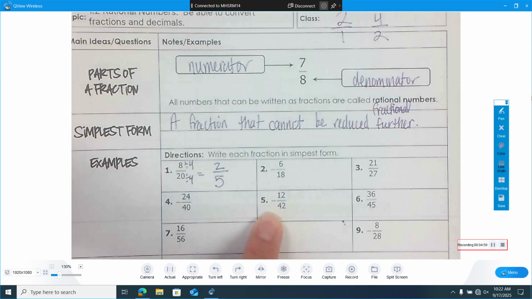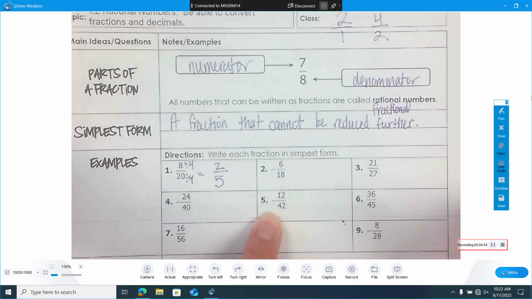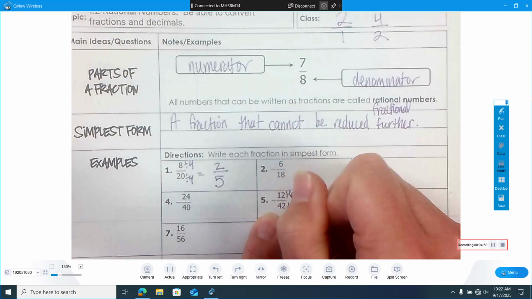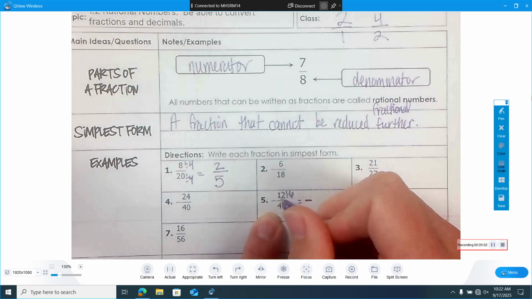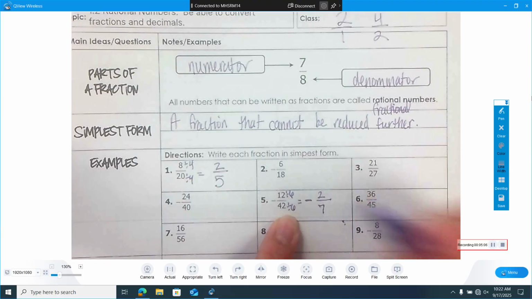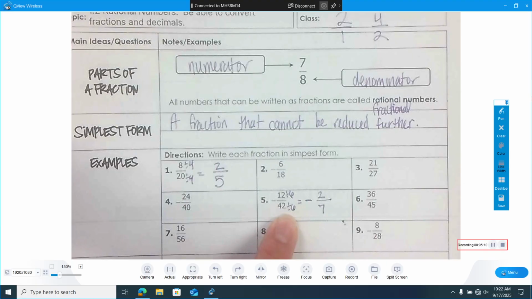What can both of those divide by? Not 12, but 6. So we can divide top and bottom by 6. And don't forget your negative. It's just going to hang out. 12 divided by 6 is 2. 42 divided by 6 is 7. And when I look at negative 2 over 7, those numbers can't be reduced anymore. So that's as far as that goes. Okay.